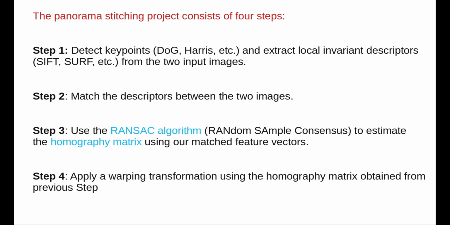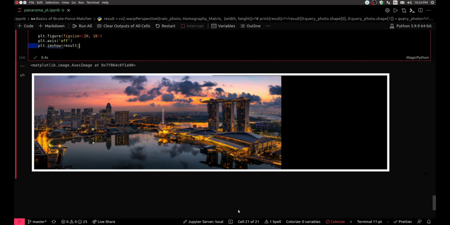Detect the key points and extract local invariant descriptors using the SIFT or SURF algorithm from the 2 input images, then match the descriptors between the 2 images, then use the RANSAC algorithm to estimate the homography matrix using our matched feature vectors. Finally, apply a warping transformation using the homography matrix obtained from the previous step and create the final panoramic scene that we can see right here.